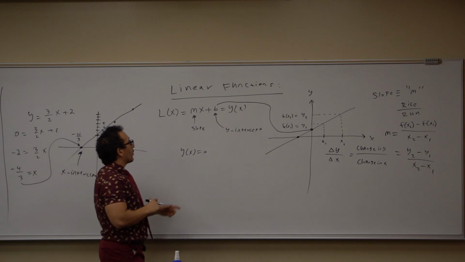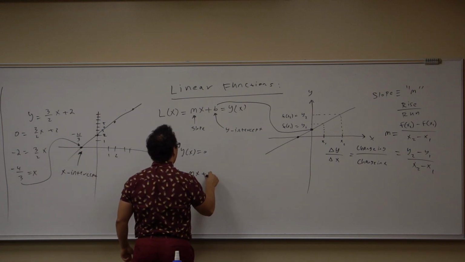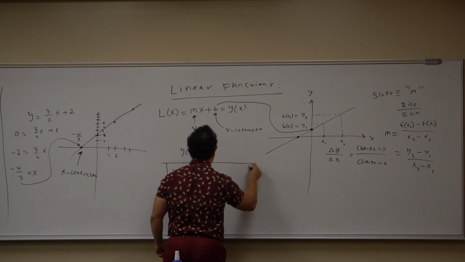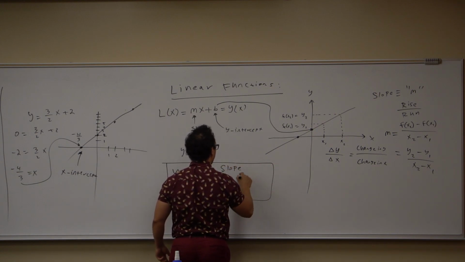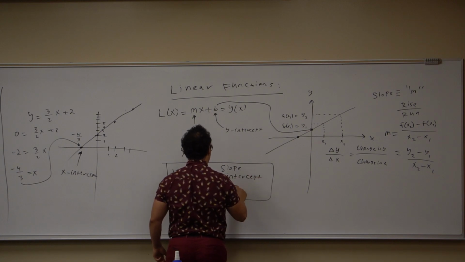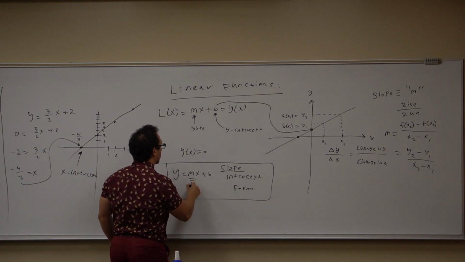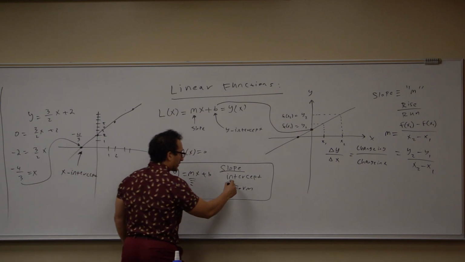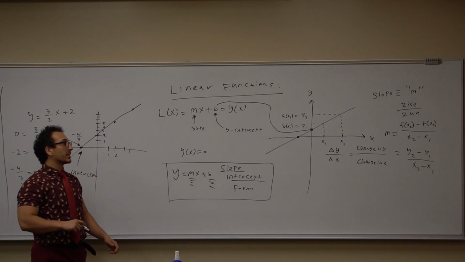Now, this y equals mx plus b is called slope-intercept form. It is called so because the slope here is highlighted by the m, and the intercept here is highlighted by the b, where b is the y-intercept.